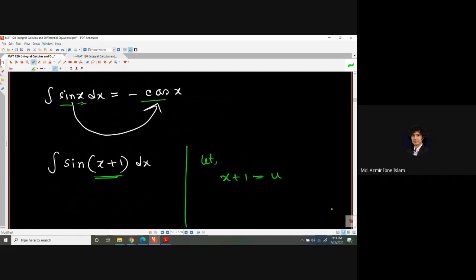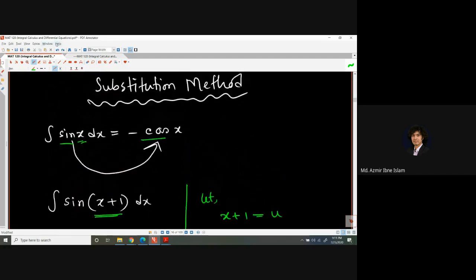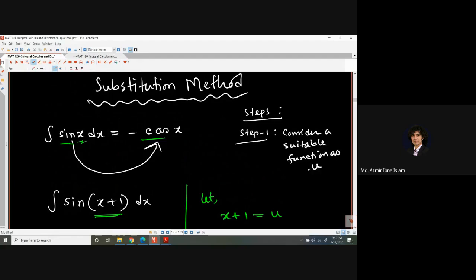So first of all, we have to follow the steps. Step 1: consider a suitable function as u. You can also use v, w, whatever.